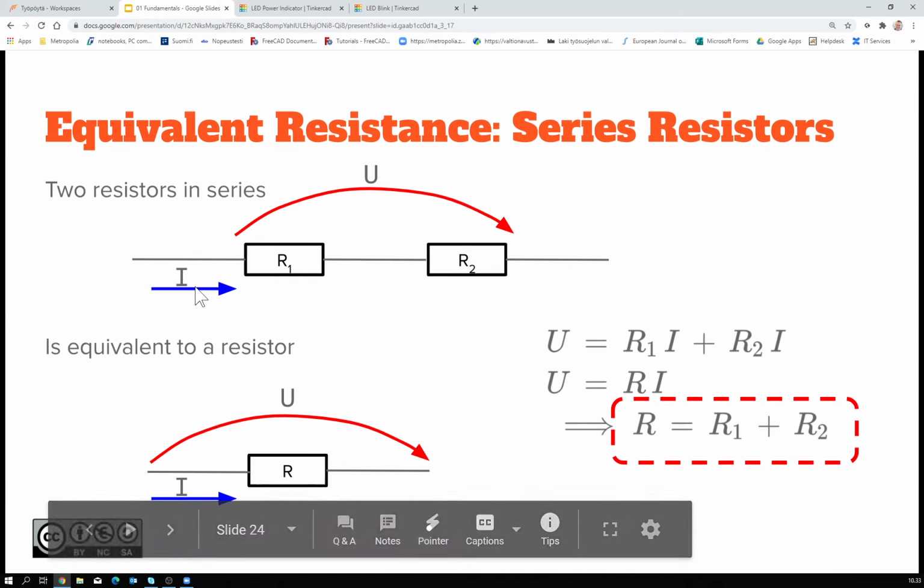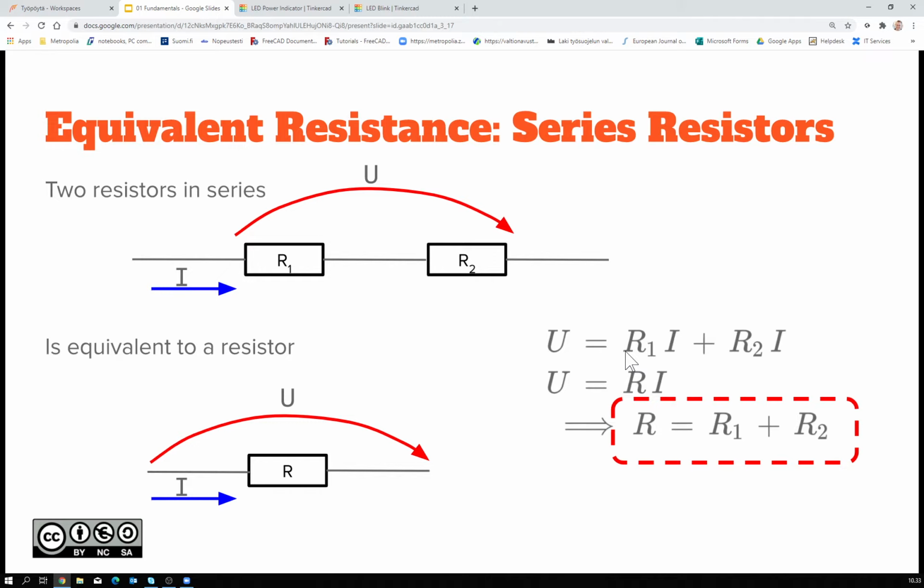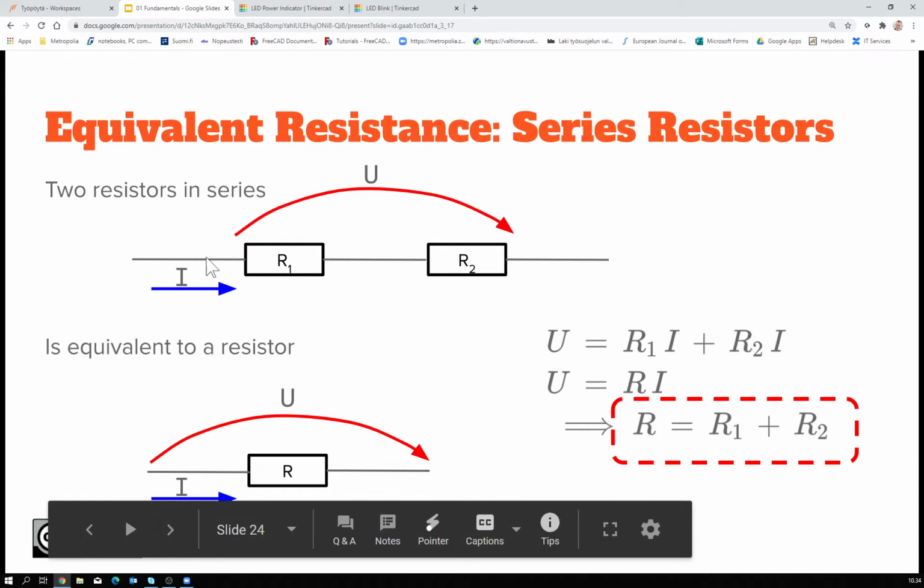The same current means the voltage potential drop over the first resistor and then the voltage potential drop over the second resistor. They are here, this is U1, U2: R1 times the current, and then R2 times the current is the voltage potential drop over the second one.